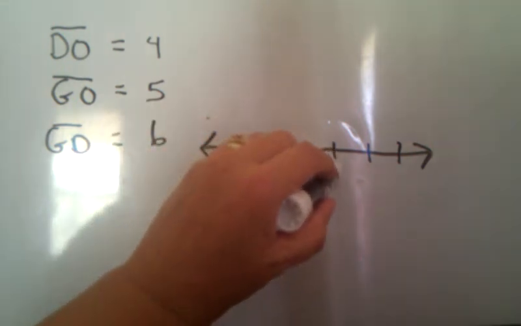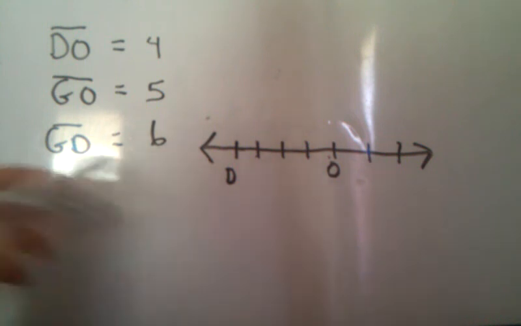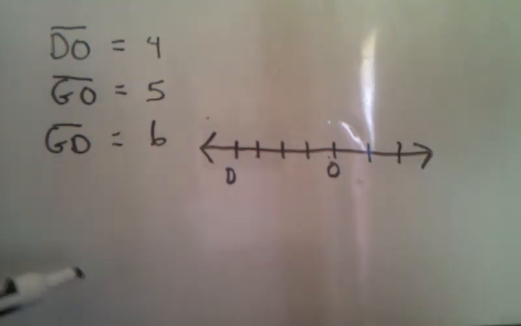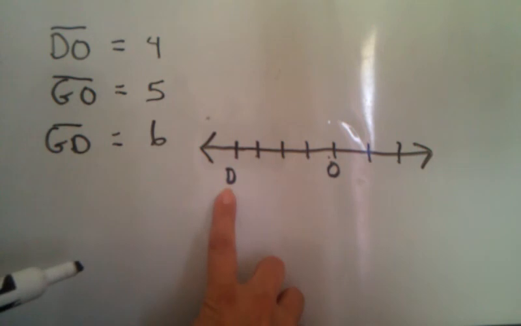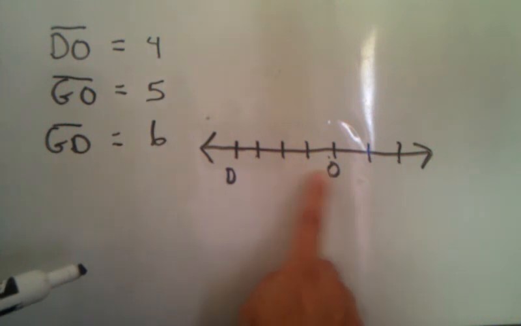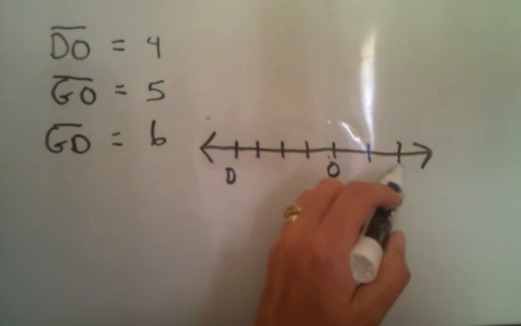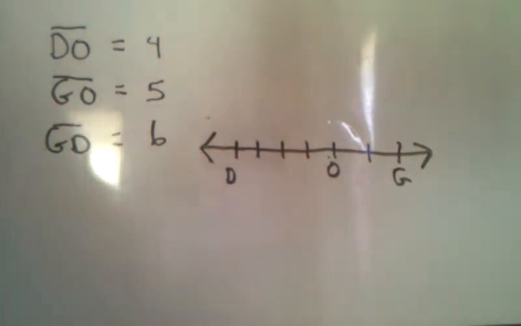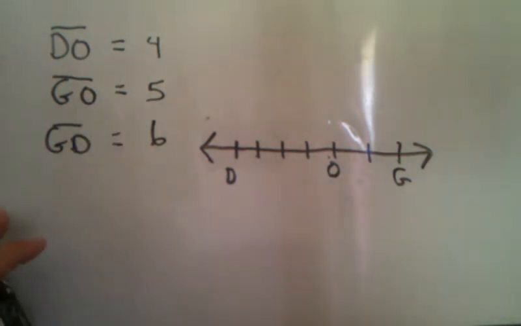So this is O. G to O is 5. Okay, let's do G to D is 6. That didn't work very well.